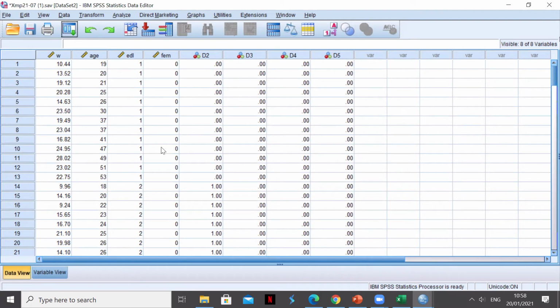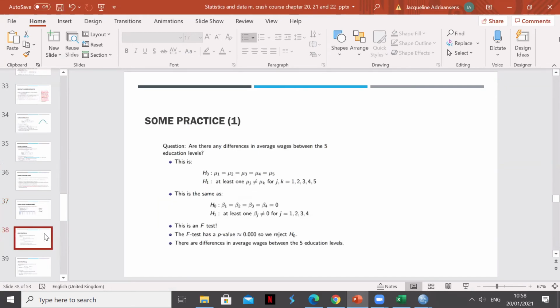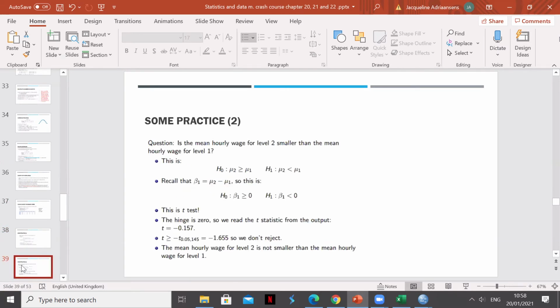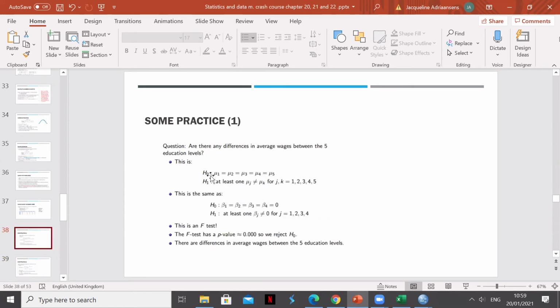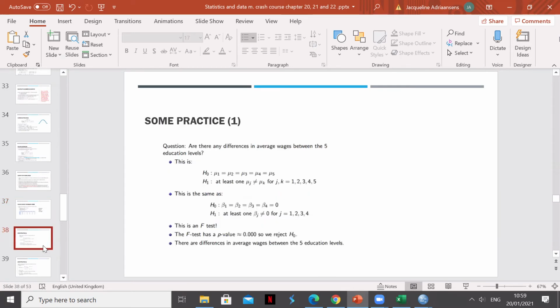So what are we going to do now? We have to make the new model including all these variables. I think it isn't really clear, I must say.